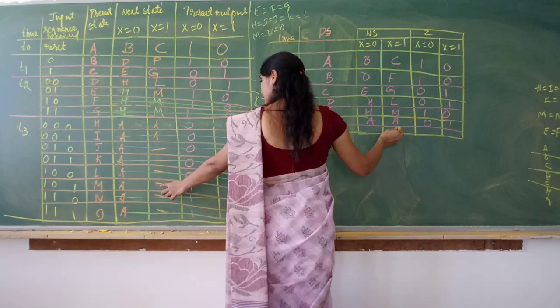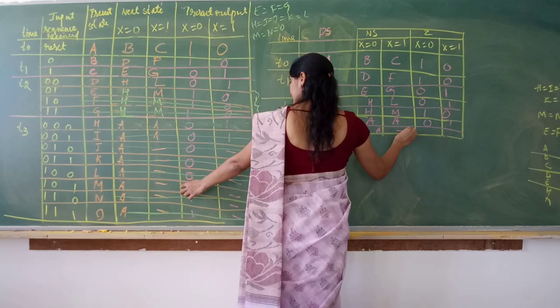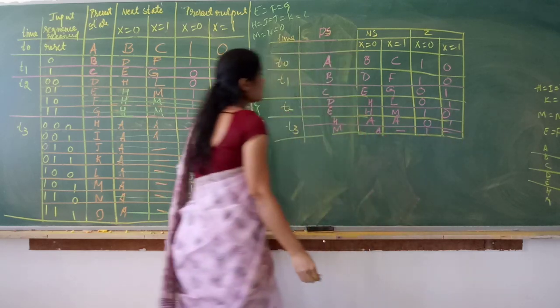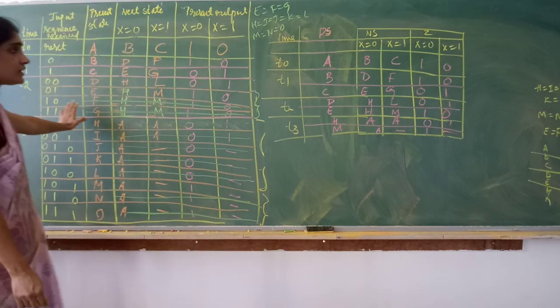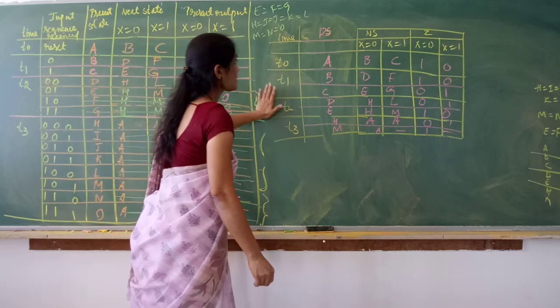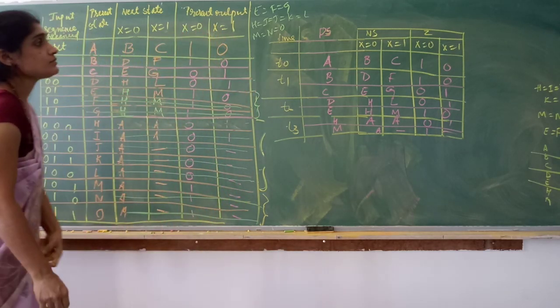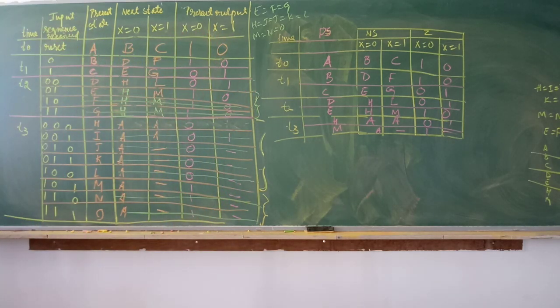M it is A dash, 1 dash. By doing row matching, we have reduced the table into this because these rows are same. We have eliminated the same rows which have the same next state and same output variable, and that is the table we have got by row matching.